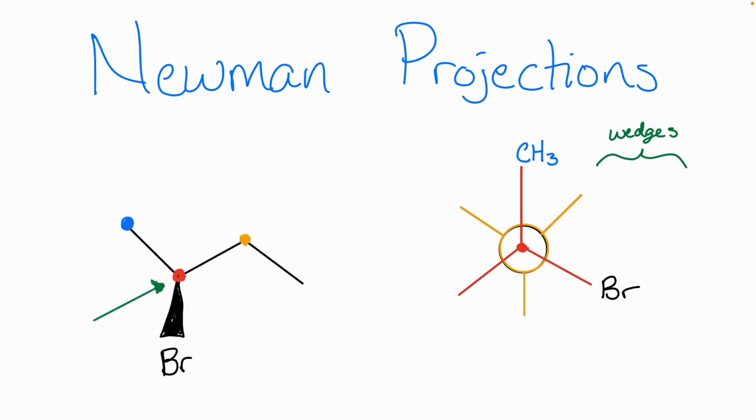For the sake of this example here, let's put a dashed bond in on our orange carbon. Put a chlorine on the other side. Remember that dashed bond means that it's pointing into the page, so it's pointed in the opposite direction of our wedge. And those will appear on the left-hand side of your Newman projection.